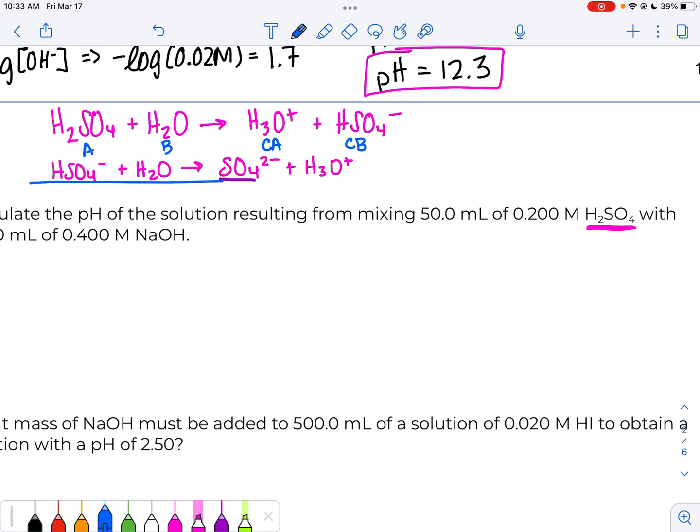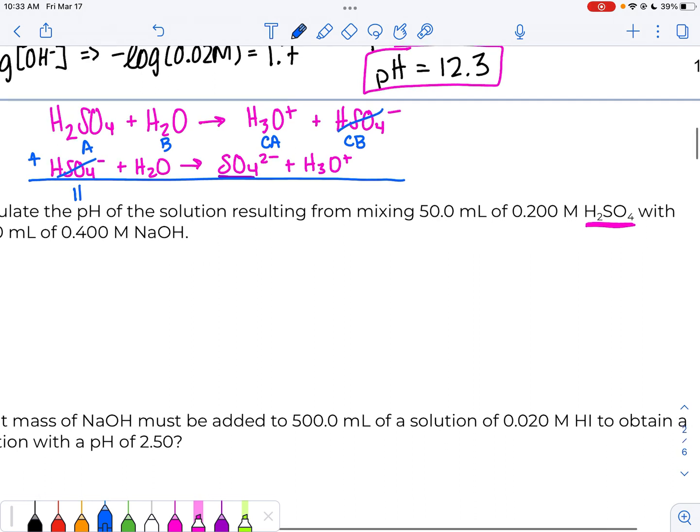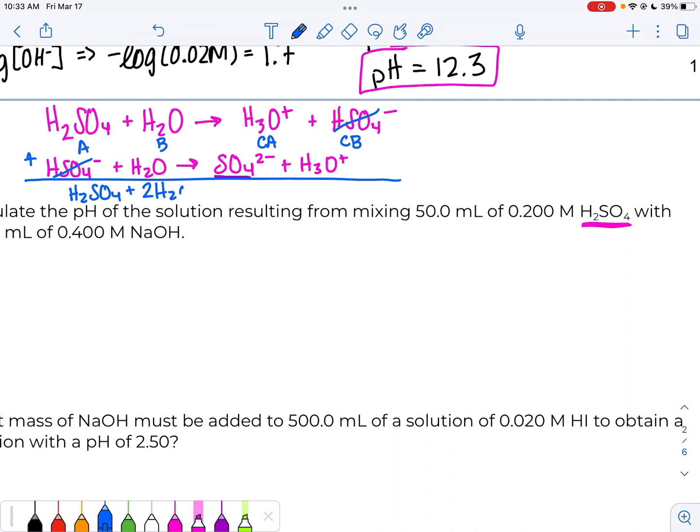So if we write a full equation for this, we end up with H2SO4 plus 2H2O yields 2H3O plus and SO4 2-.